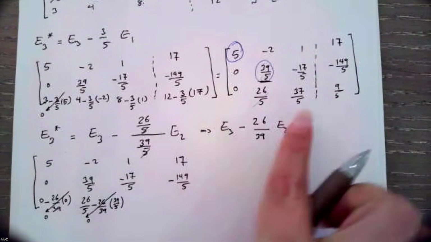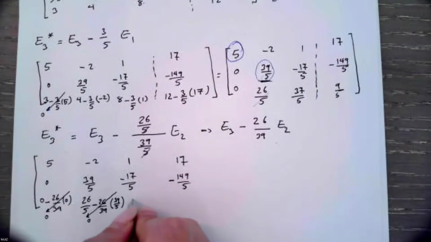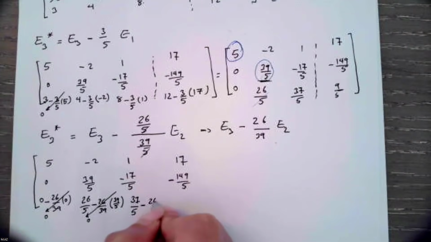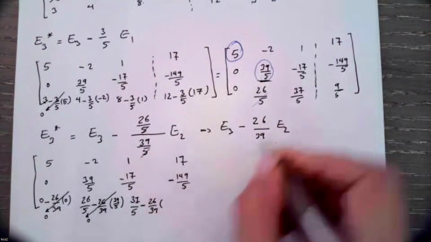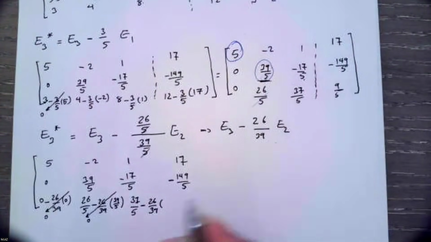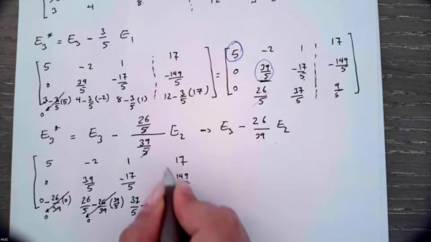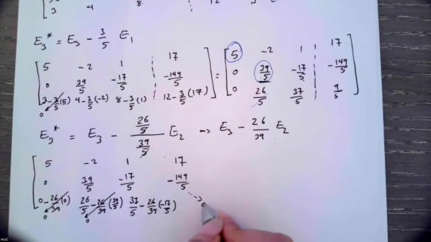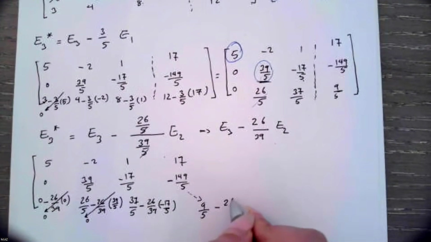The next one is element 37 over 5 minus times equation 2. This is about the matrix of the coefficients, okay? And this is about the B. We have 9 over 5.